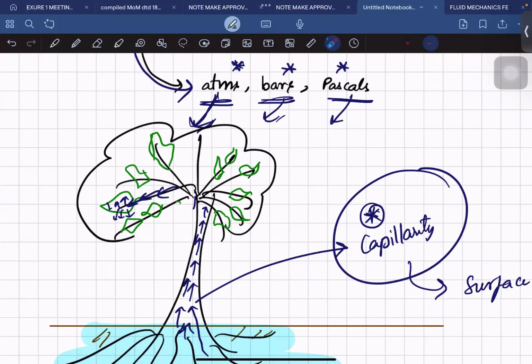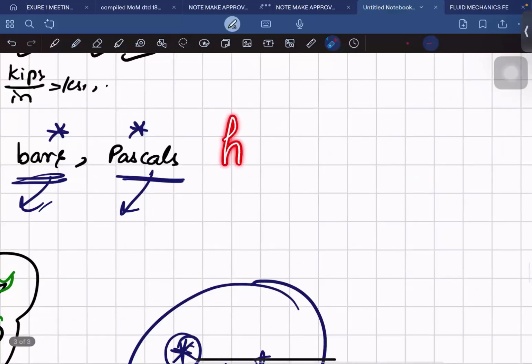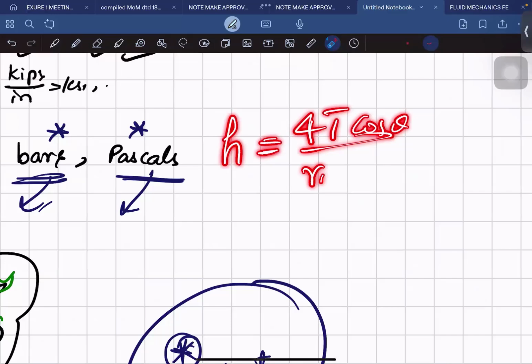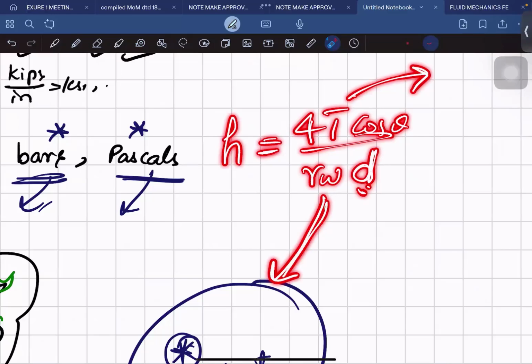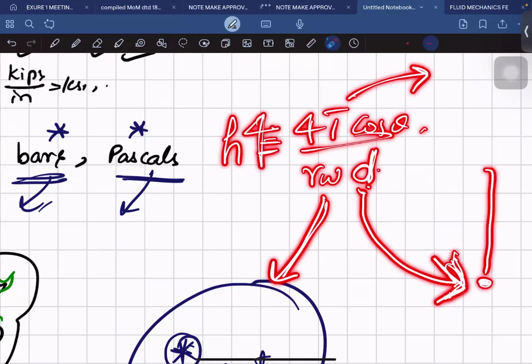So the capillary rise, technically, H is 4T cos theta by gamma W into D. So it depends on different parameters like surface tension, the weight of the water, and the diameter of that tube or natural pore. If the diameter of the pore is very, very small, then the capillary height will be very, very high.